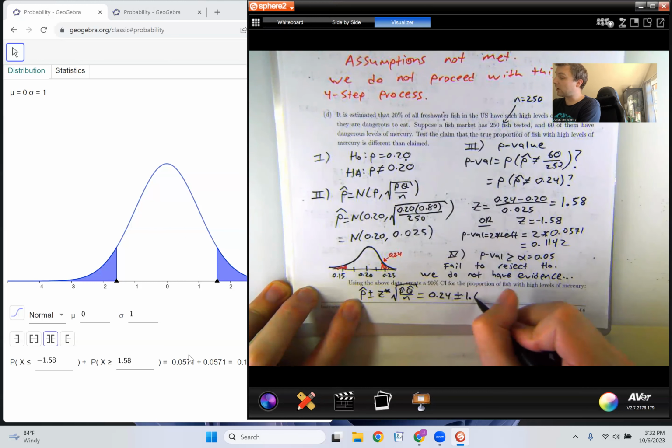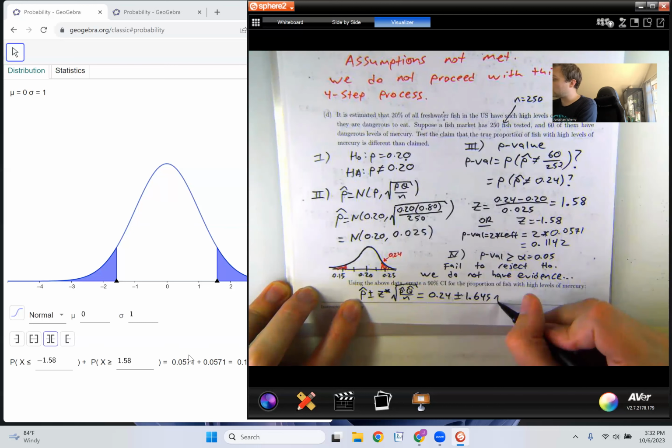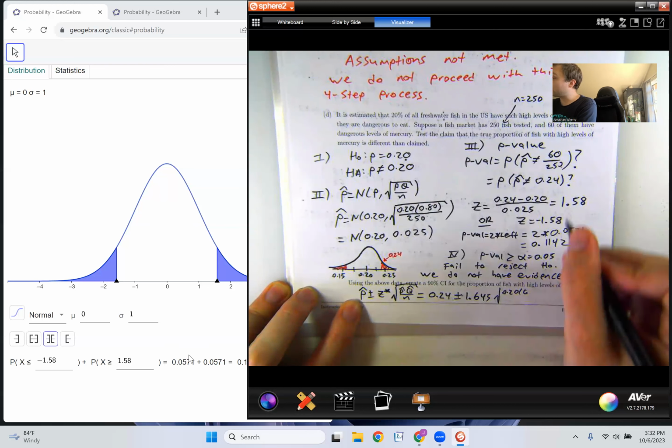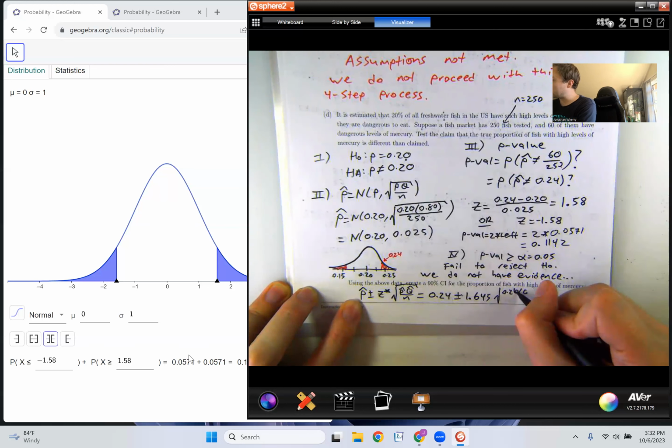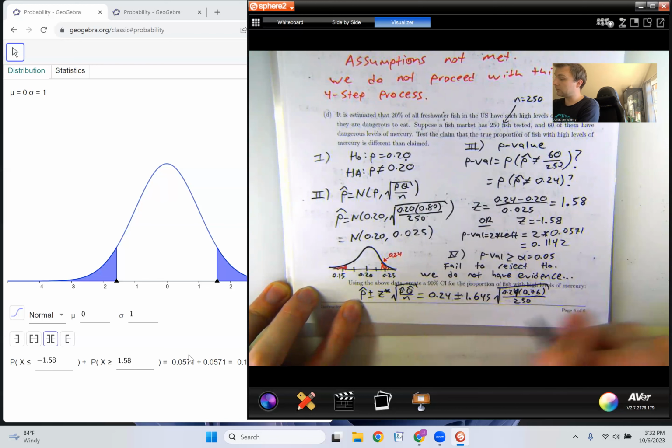My z star, my critical value, is 1.645. Be really careful with that 24% sample success rate, and a sample failure rate of 76%, for 250 samples.